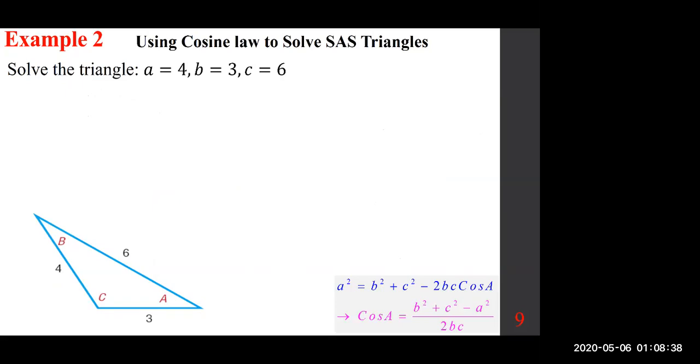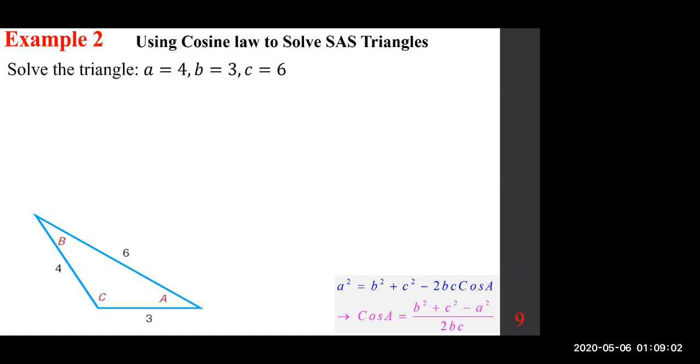Now, this is the example where we have three sides given. a, b, c, all sides are given, and therefore all angles are missing, okay? All angles are missing. So what we need to do is find the angles.